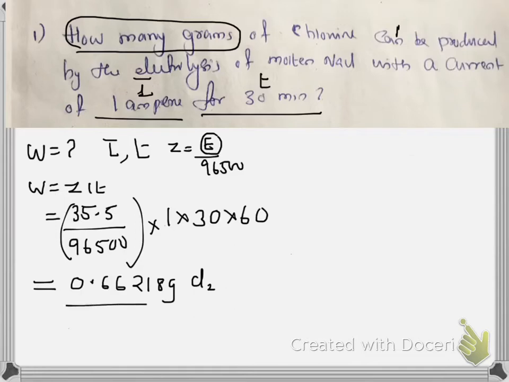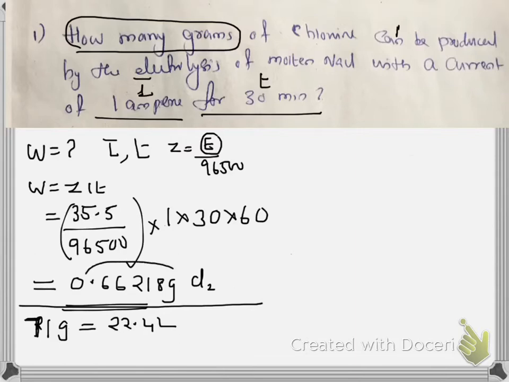Here the question was the amount, or how many grams, that was the weight of the chlorine. But if you have been asked to calculate the volume of chlorine, then how can it be done? We know that 71 gram of chlorine, that means 1 mole chlorine, Cl2, not Cl, Cl2, occupies a volume of 22.4 liter.